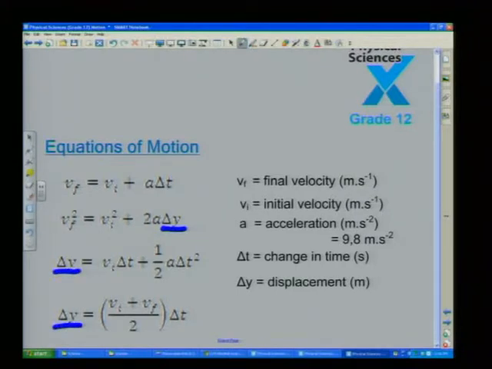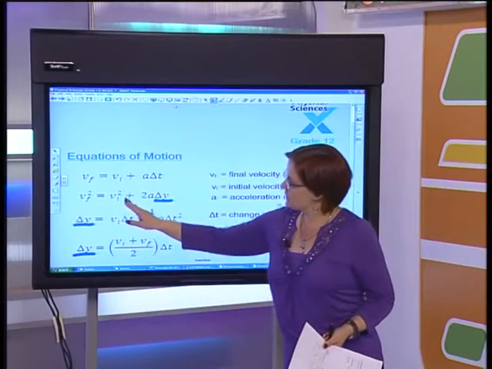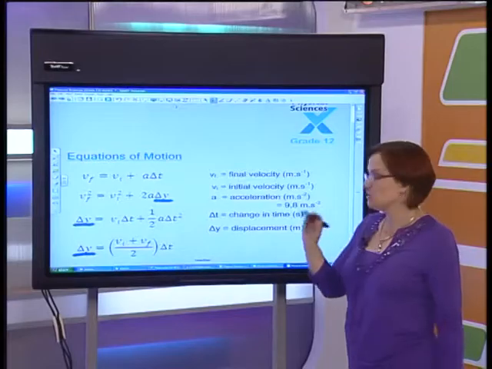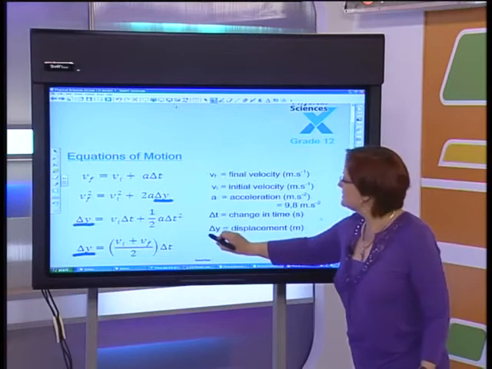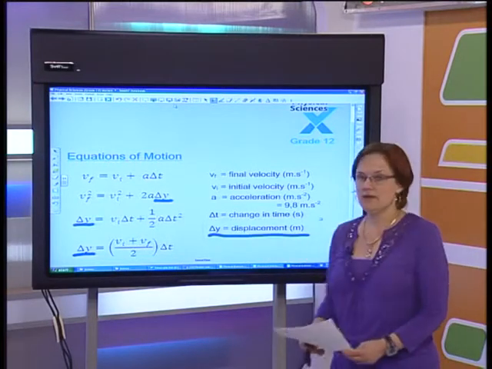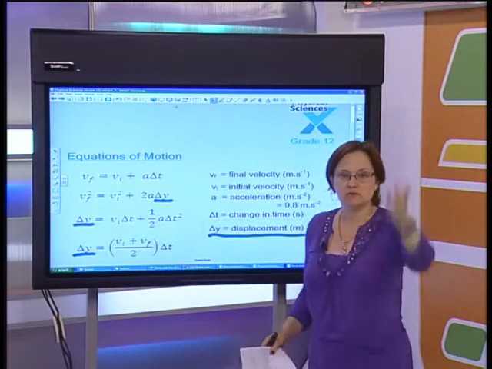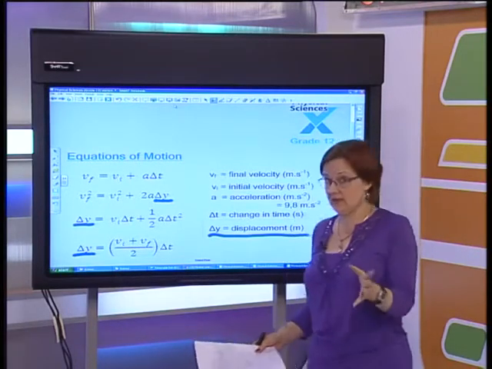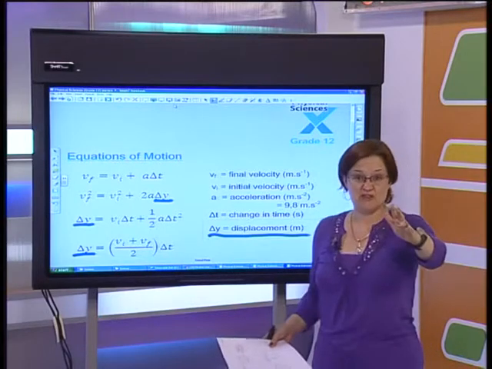On your information sheet, they're going to give you two sets of equations. They're going to give you Vf squared equals Vi squared plus 2a delta y, and one that says Vf squared equals Vi squared plus 2a delta x. That delta y is important. It is displacement in the vertical direction. Okay, so be careful.